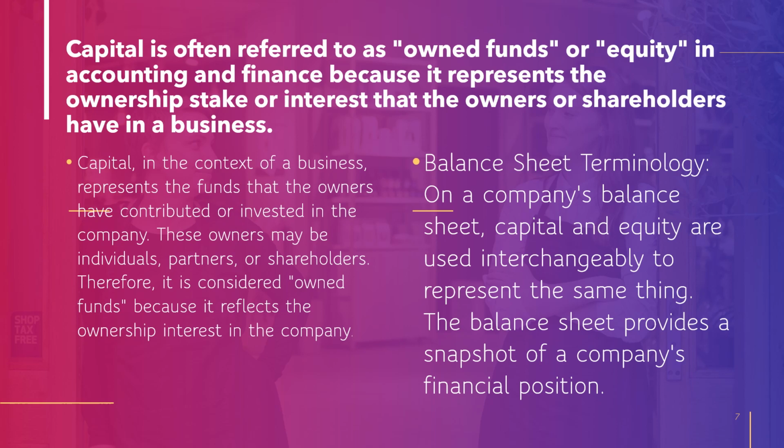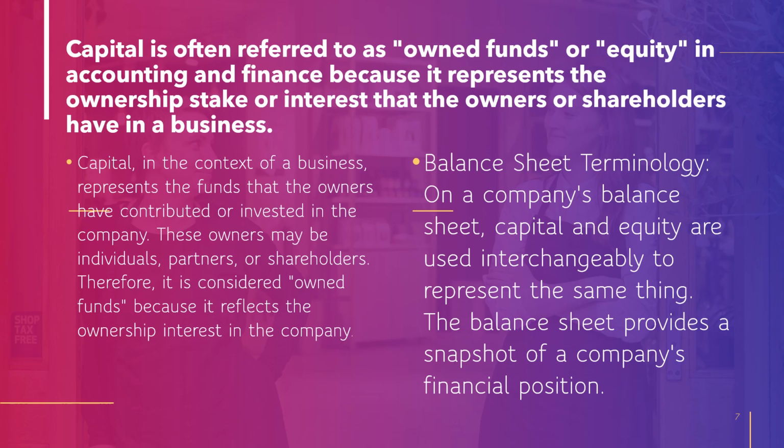Next, the third component in the equation is capital. Capital is basically referred to as owned funds or equity in accounting and finance, because it represents the ownership stake or interest that the owners or shareholders have in a business. In simple words, it is the capital contributed by the owners.